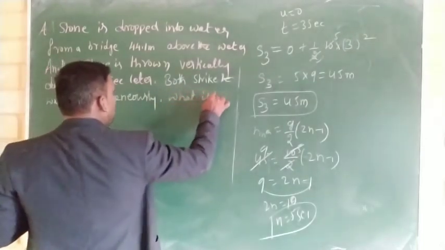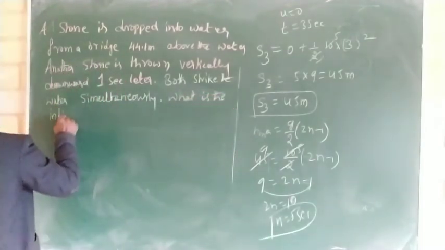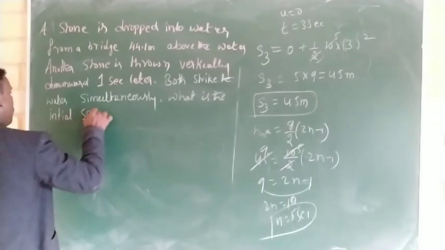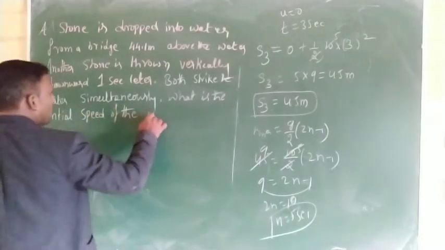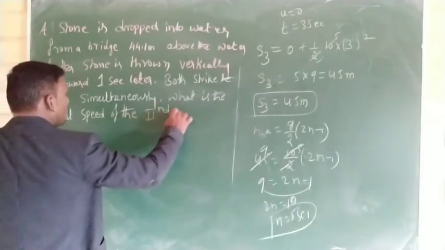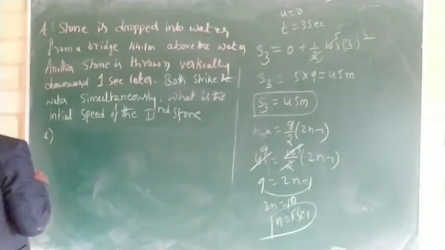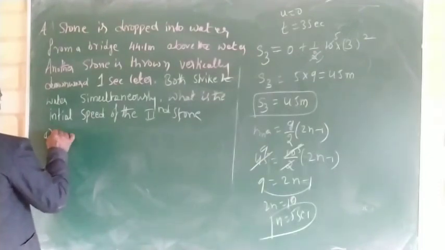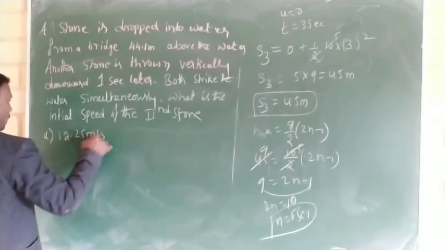What is the initial speed of the second stone? Option A, 12.25 meter per second.